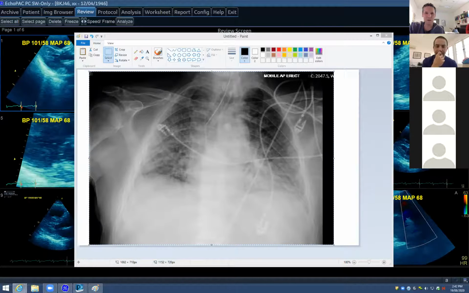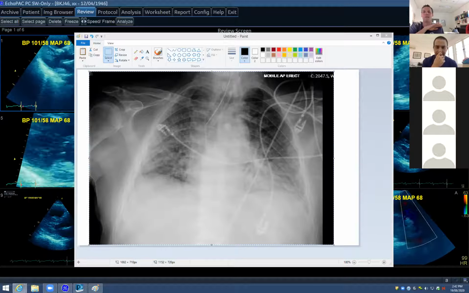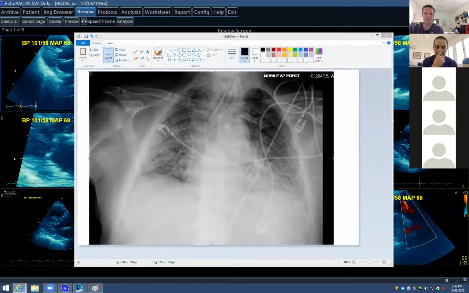So, a guy who's difficult to ventilate. I'm using this as an example, in all seriousness, of someone who's difficult to ventilate with an at-risk right ventricle.